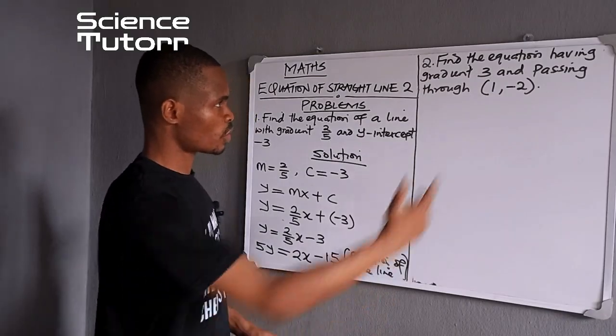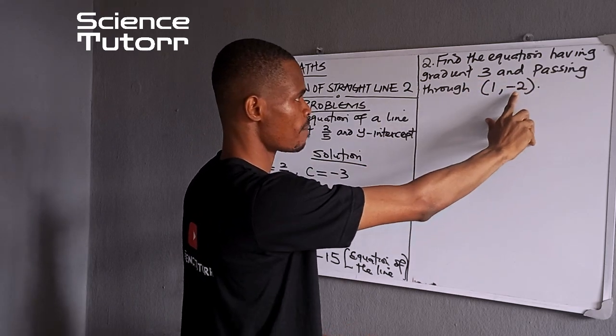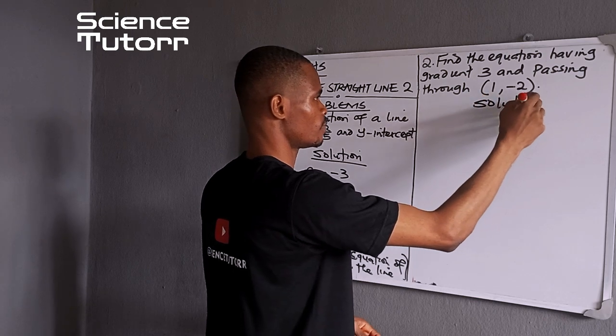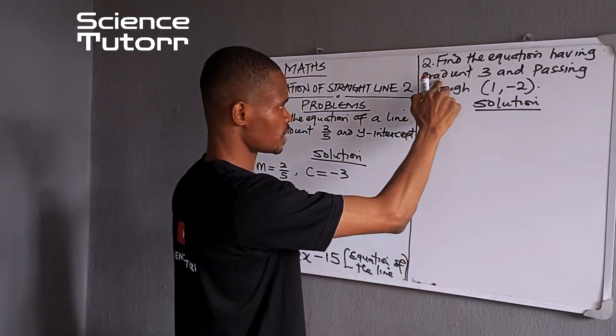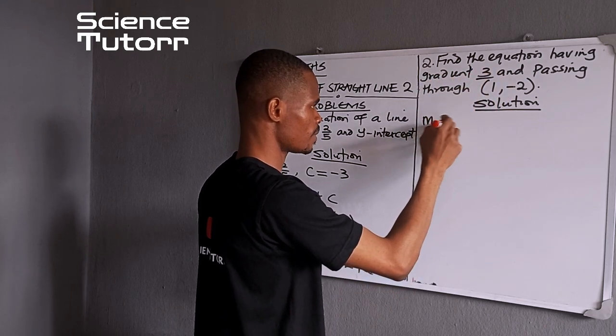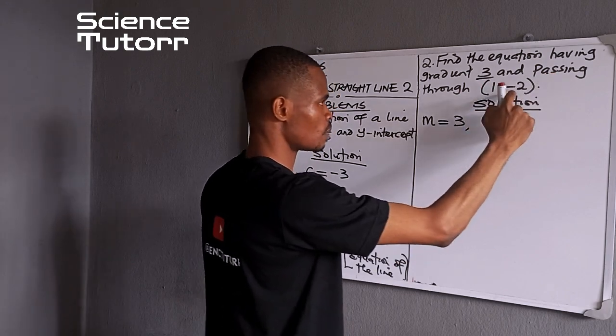So let's find the equation having gradient 3 and passing through 1 comma minus 2. Solution. First of all, we list our parameters. We are told the gradient is given as 3, so m is equal to 3, and it's passing through 1 comma minus 2.